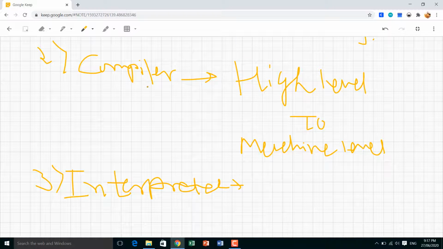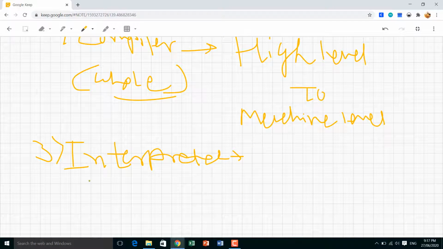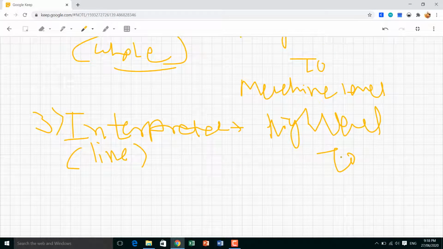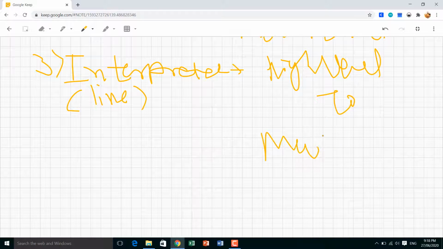The compiler converts the whole program from high level language to machine level language, and the interpreter checks and converts the program line by line, from high level to machine level language.